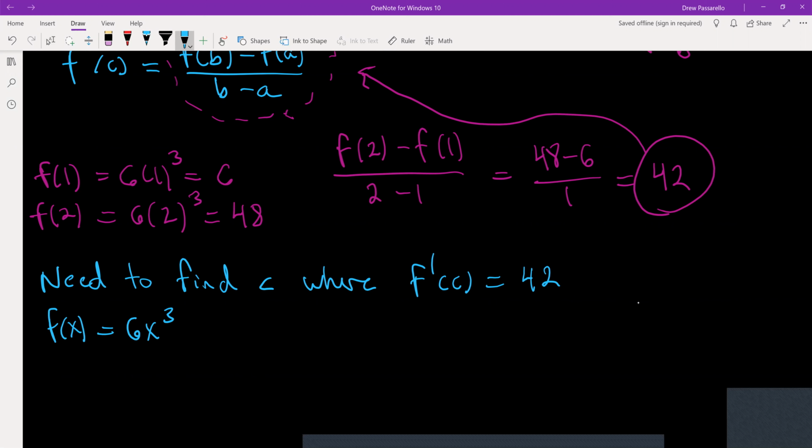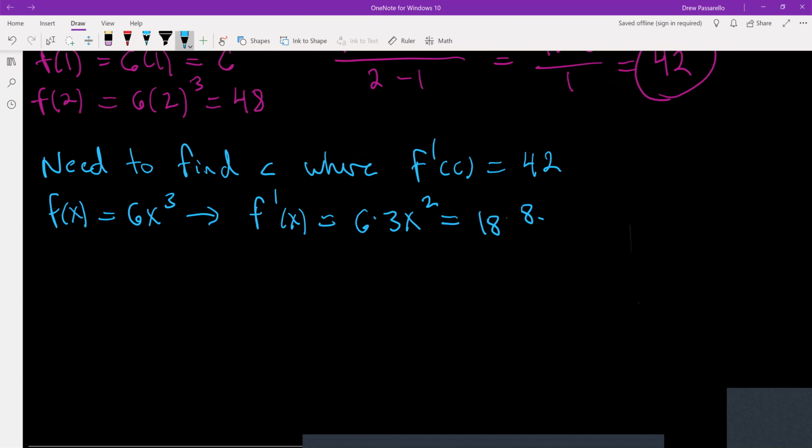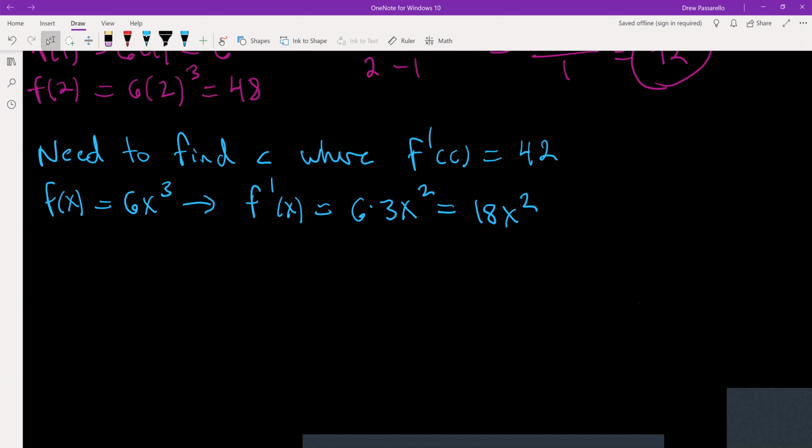Its derivative, f prime of x, by the power rule, is going to be equal to 6 times 3x squared, the power rule applying to the x cubed. So that's 18x squared. All right, so the derivative is 18x squared. So I set f prime of x equal to 42 and then solve for x. And this will give me the value c.